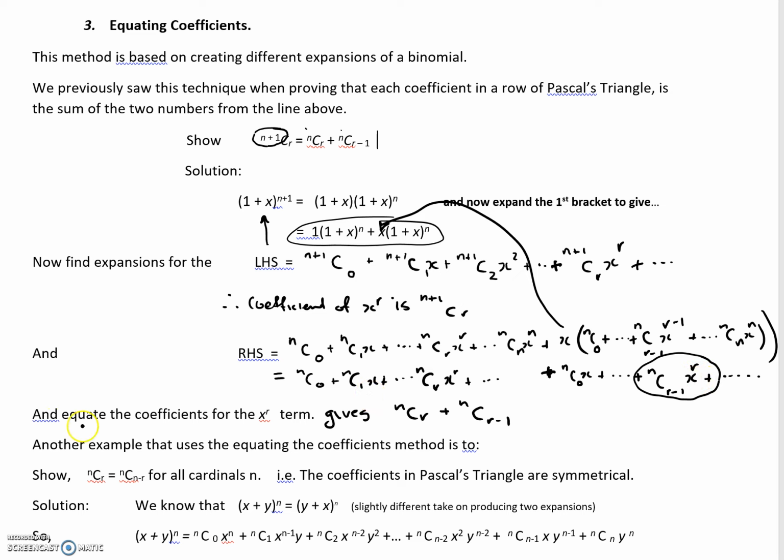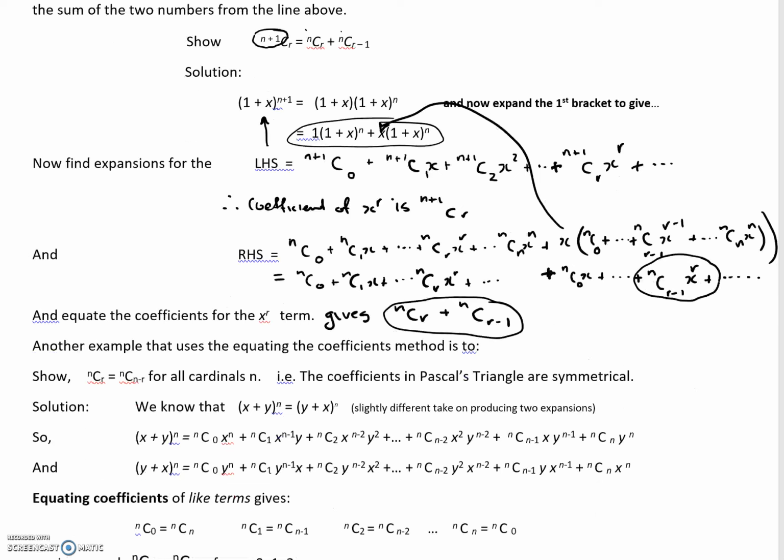So equating the coefficient of x to the r now on the right hand side gives me this expression.